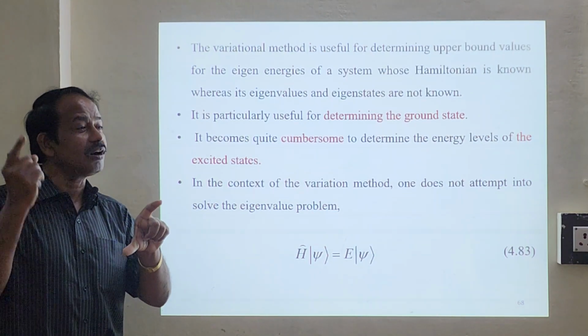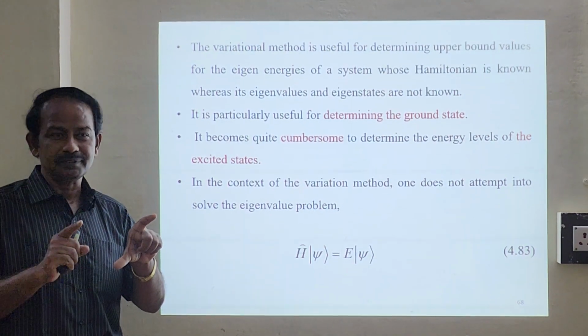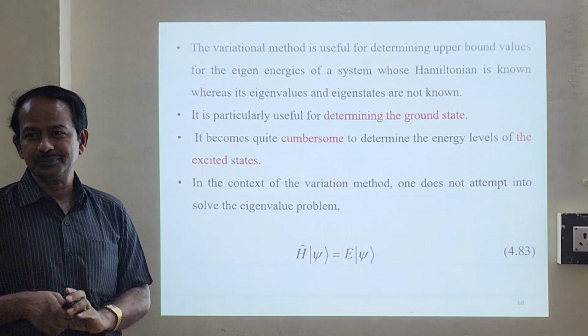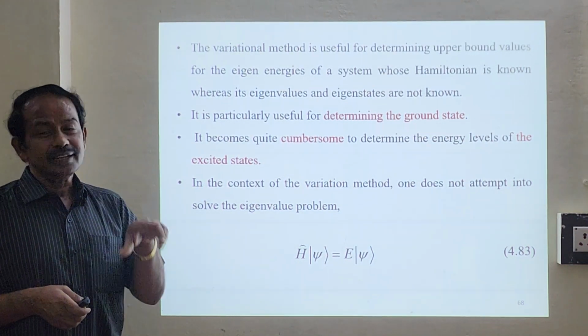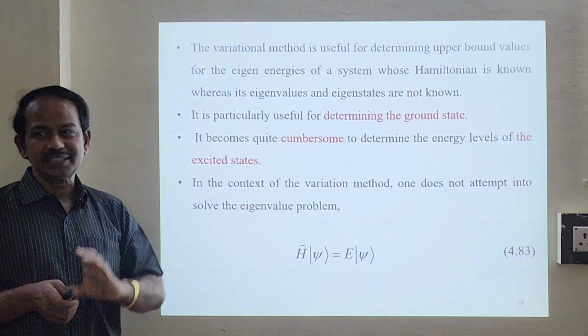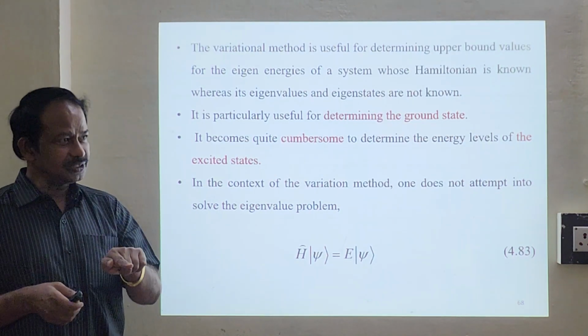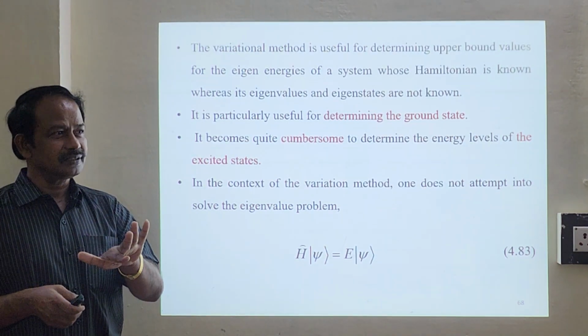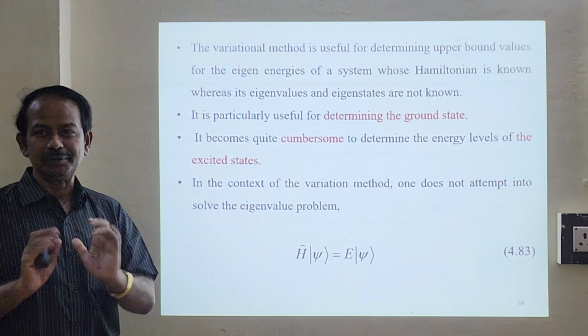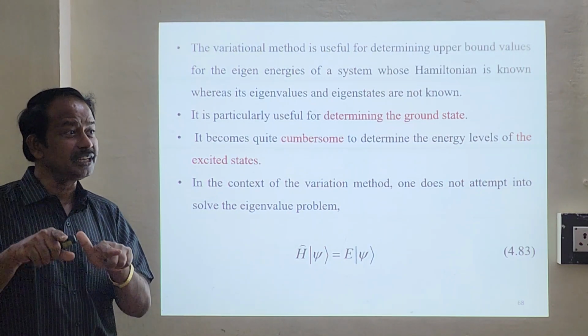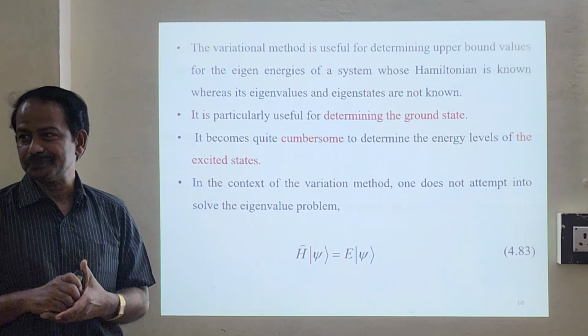These energies will always be greater than the actual energy, because the electron will tend to be in a minimum position, so the actual system will always have a minimum energy.